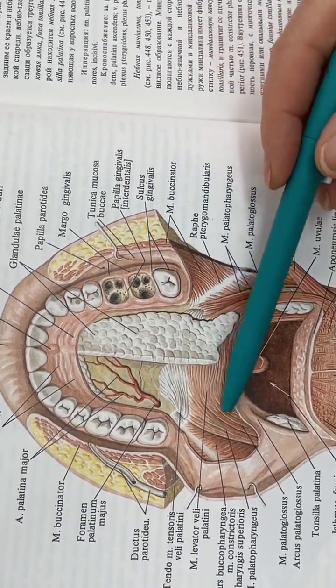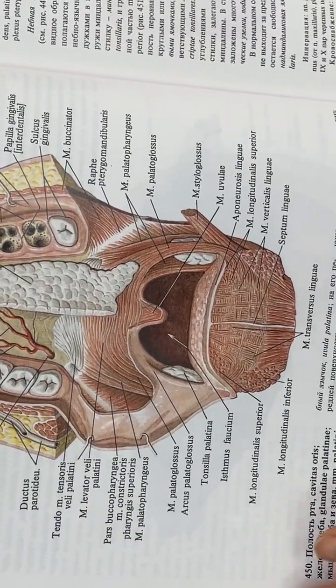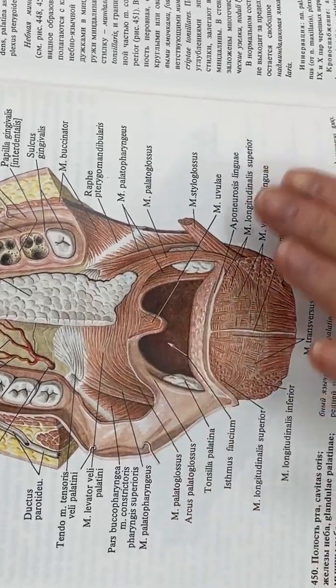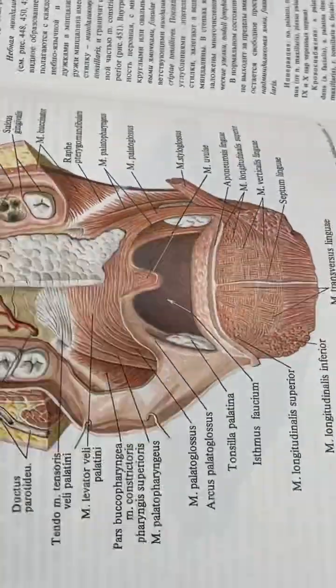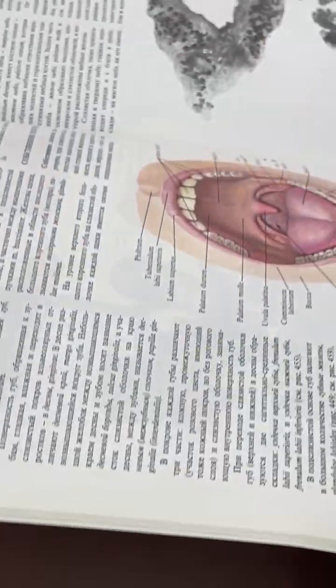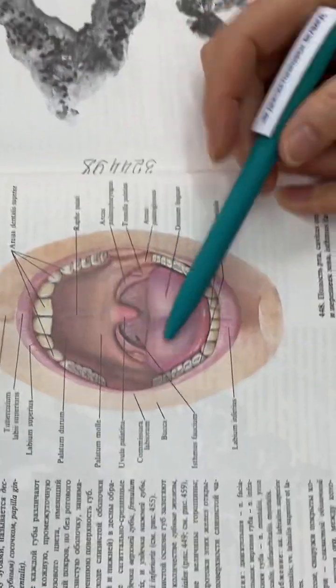And then soft palate. Soft palate mucosa also has glands, but mucosa forms folds. So what do we see, what do we find if you don't remove the mucosa? We see like this picture, okay?